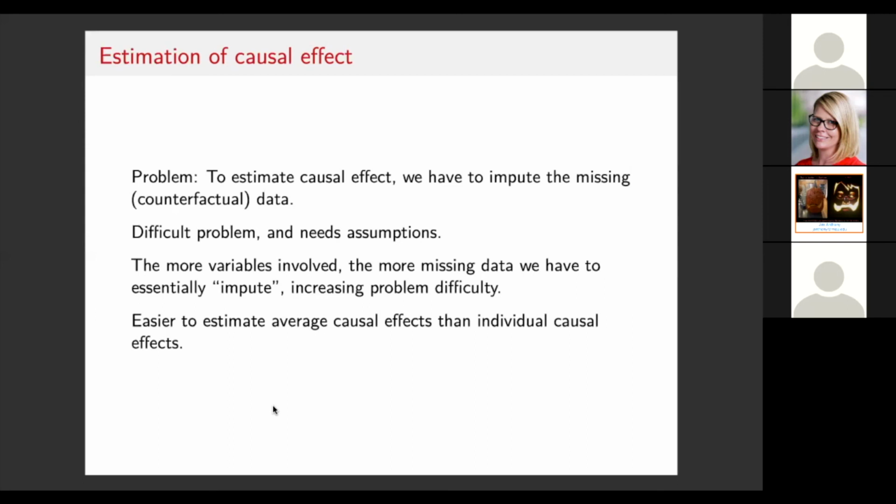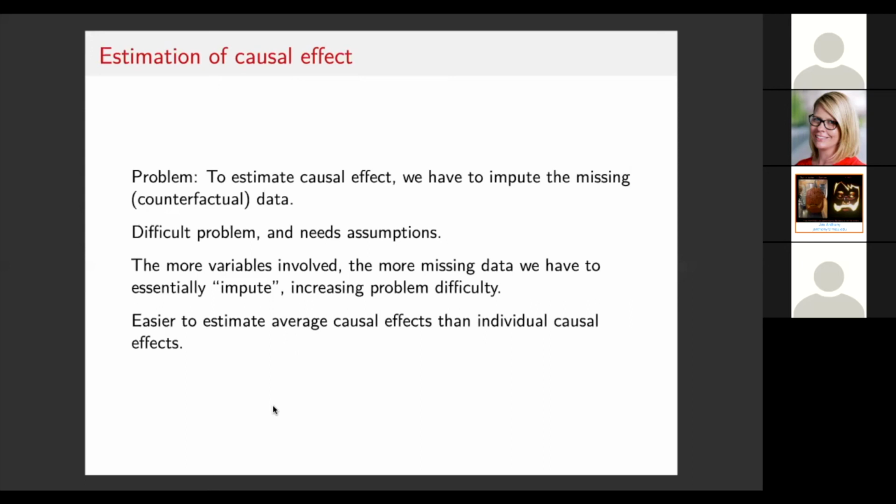Imagine if you have more variables, then you have more and more data that is missing, so the problem gets harder. So some of these assumptions can be rather strong, but if you have the ability to intervene, as with a randomized trial, then you can estimate the average causal effect.